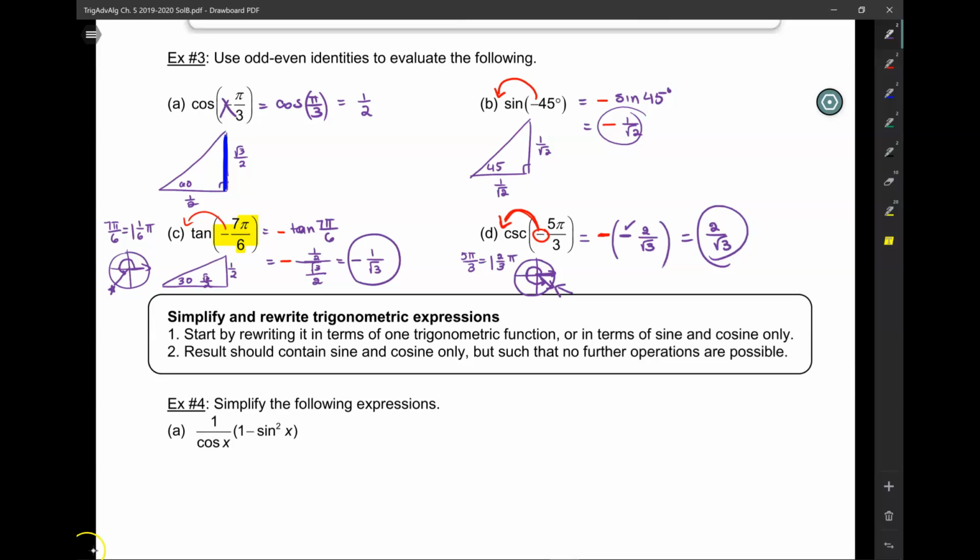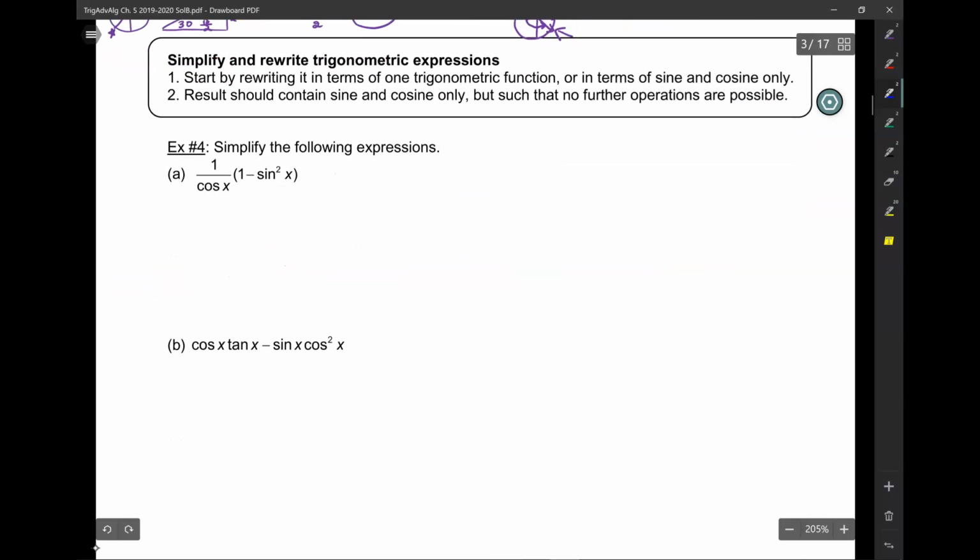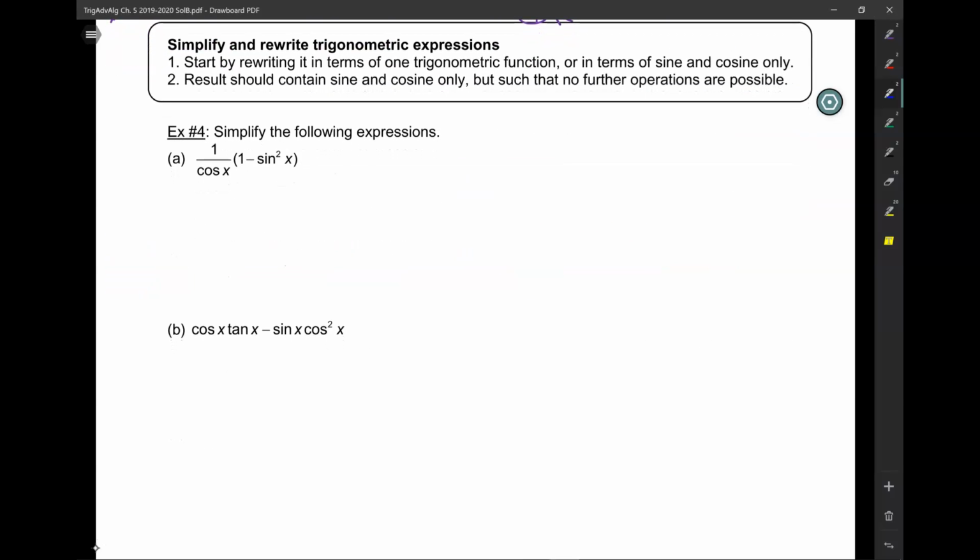Yeah. So we're going to move into simplifying some trig expressions. These types of questions that we're going to do might seem like they're open-ended. I try in this to put everybody on the same page.